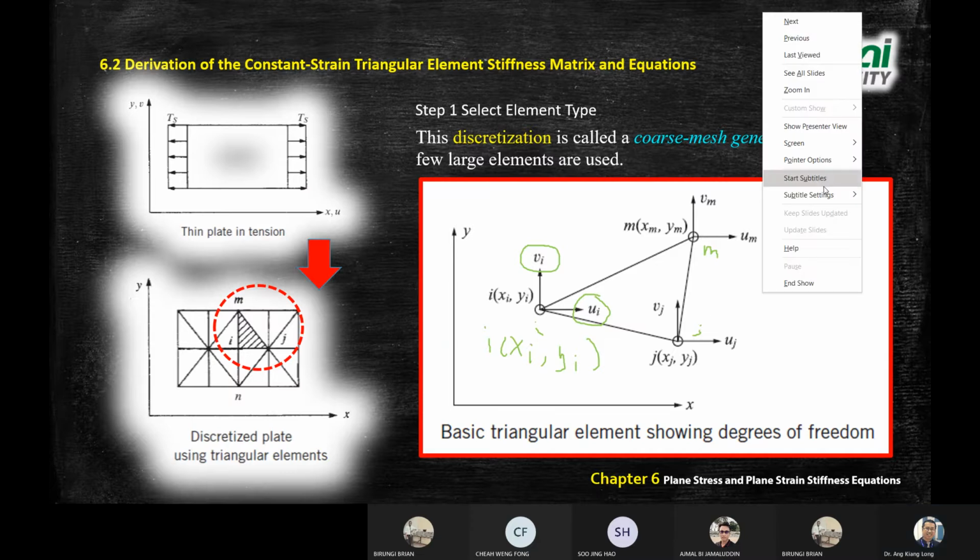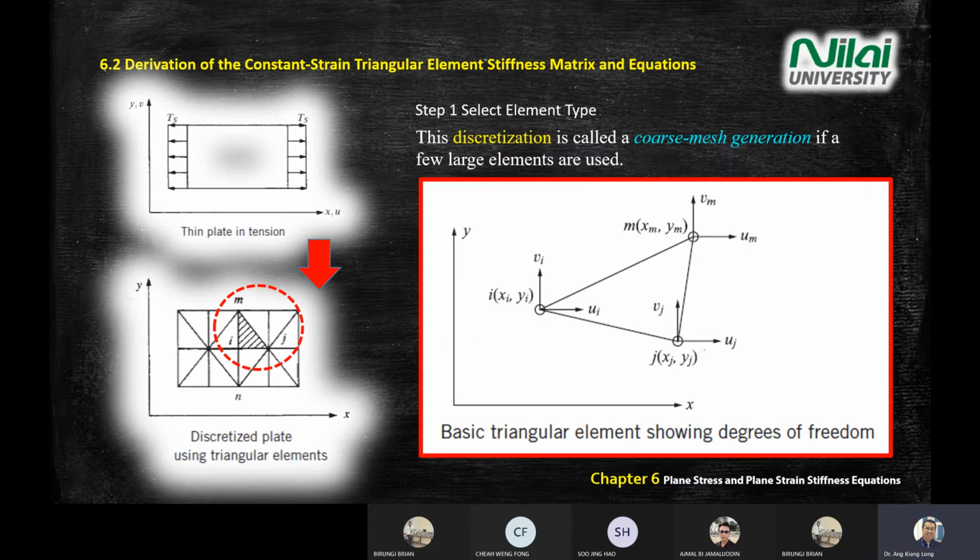All right. I'll give you another 10 seconds to look at this diagram. Again, I, J, M. Each one will give you two displacements, V and U, labeled as I according to their location. The second one becomes VJ, UJ. The third one becomes VM, UM.